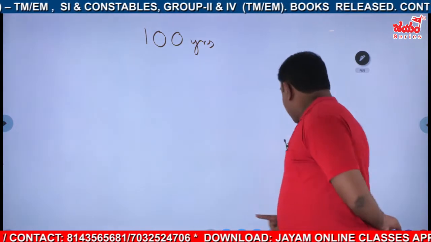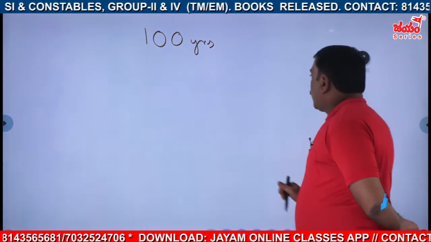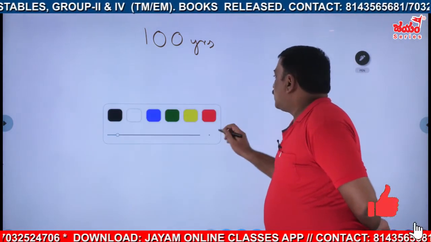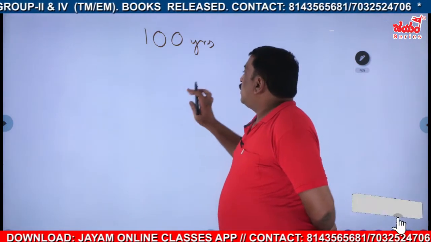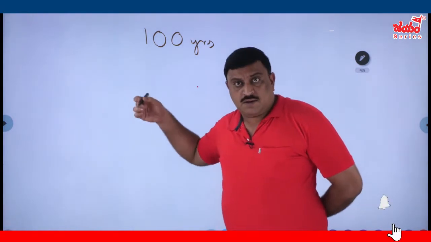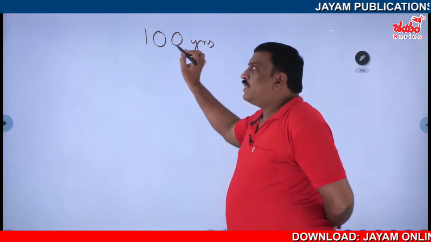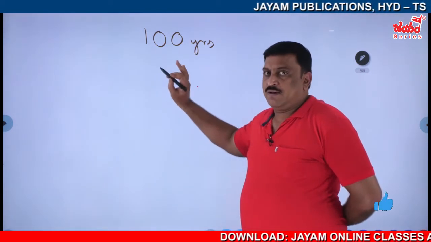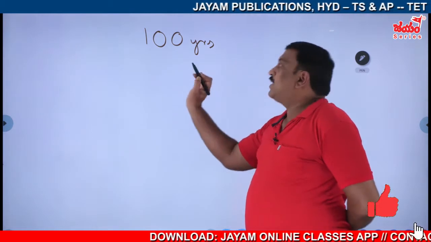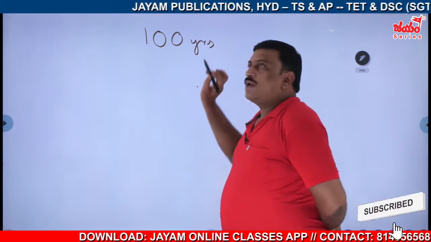But this is what happened in the Gregorian calendar. In the Gregorian correction, the 100th year is not a leap year. They removed that. For that reason, the 100th year is not a leap year.